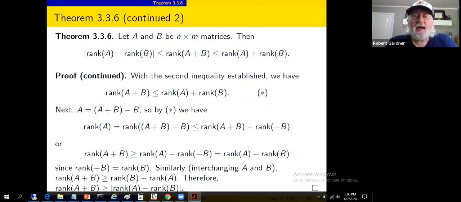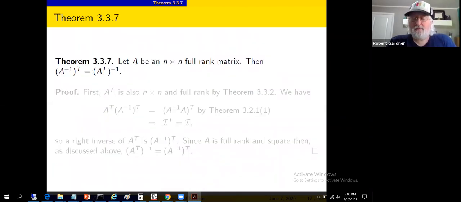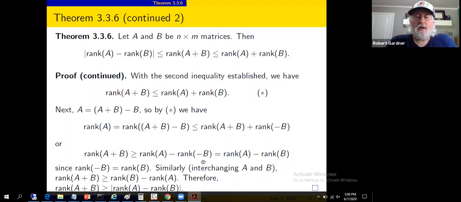We're trying to compare these to the rank of A plus B. So let's see. Here's the rank of A plus B. It's greater than or equal to, got the rank of A on the other side. And let's take this rank of B and move it to the other side, the rank of negative B. So we get the rank of A plus B is greater than or equal to the rank of A minus the rank of negative B. Whoops. If I multiply a matrix through by -1, that doesn't change anything in terms of rank, right?